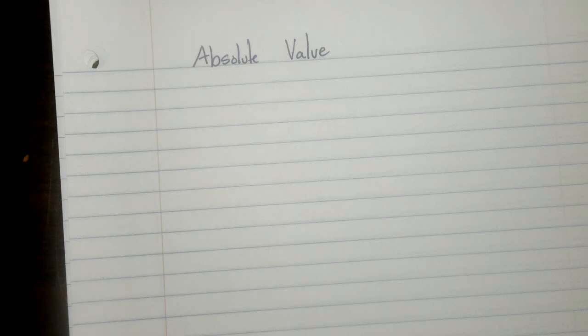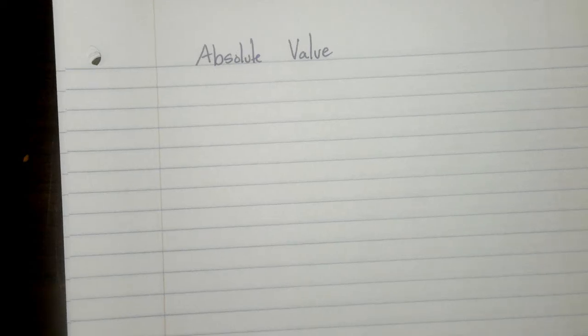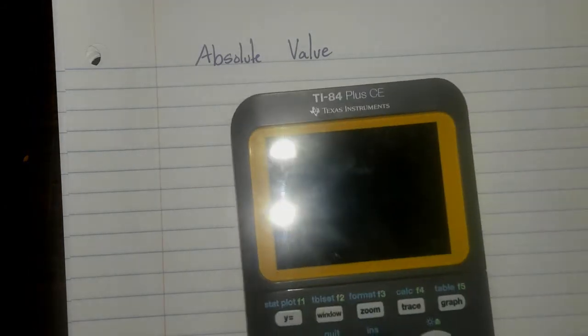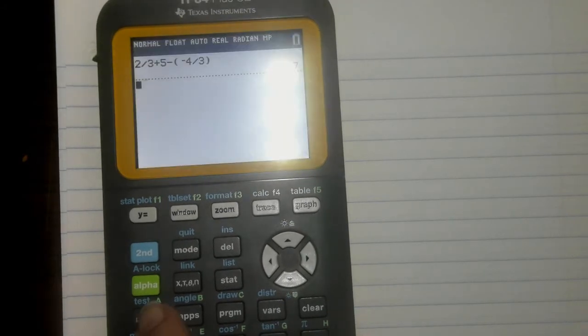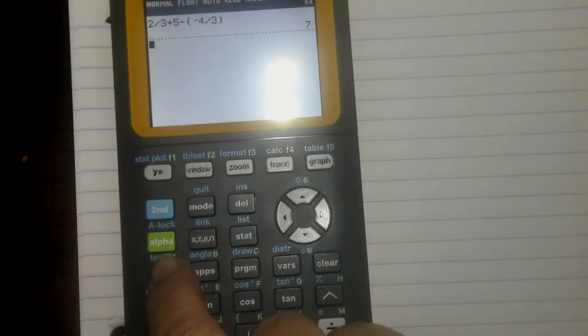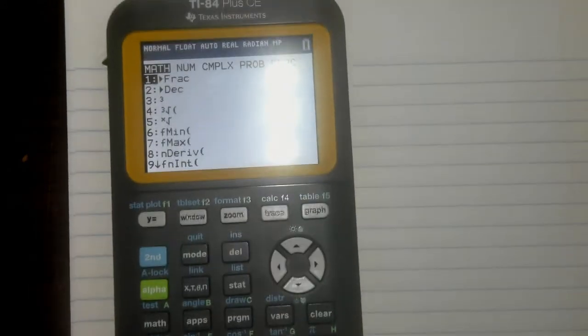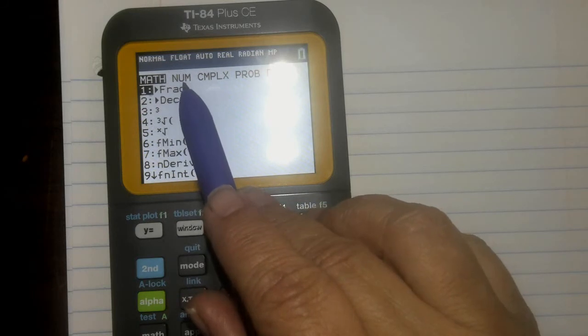All right, so let's have a few reminders about absolute value. So first of all, on your calculator, you want to be able to find the absolute value button. That is going to be under Math. So you press the Math button, and then you have to arrow over to Number.